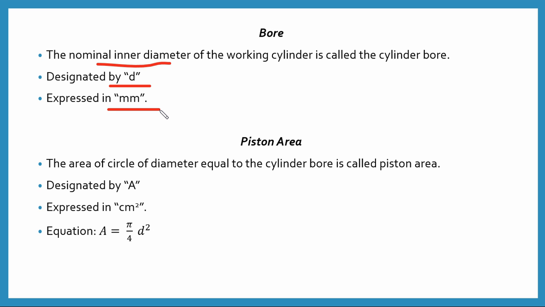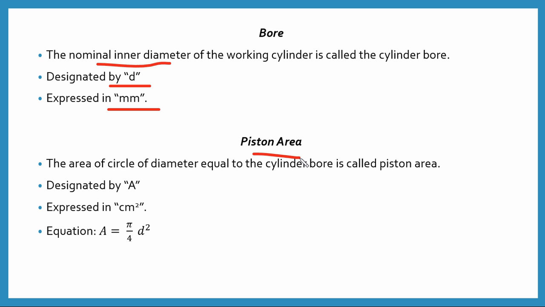So when you have to calculate some equations or some numericals, at that time the bore is denoted by the small d, and it is expressed in mm, meaning millimeter. Now coming to the next parameter, that is the piston area.